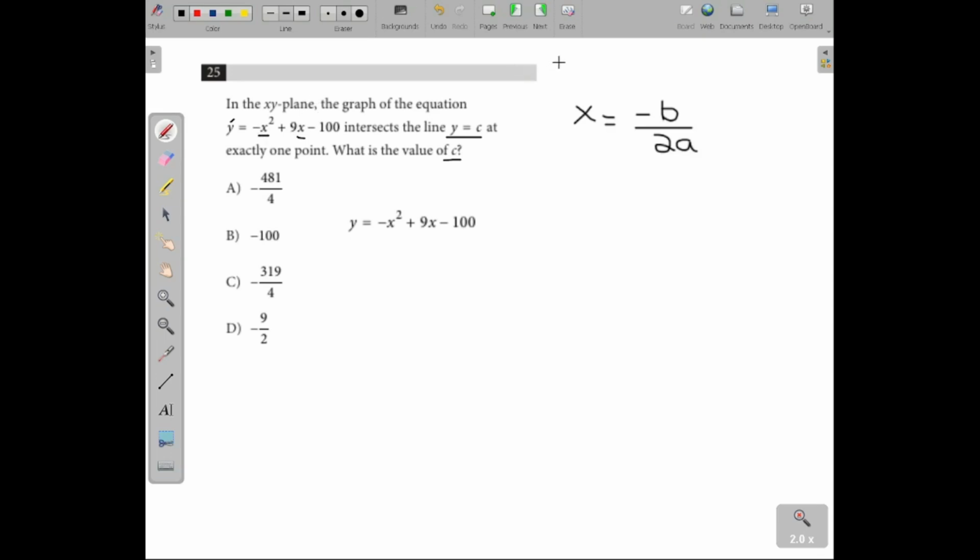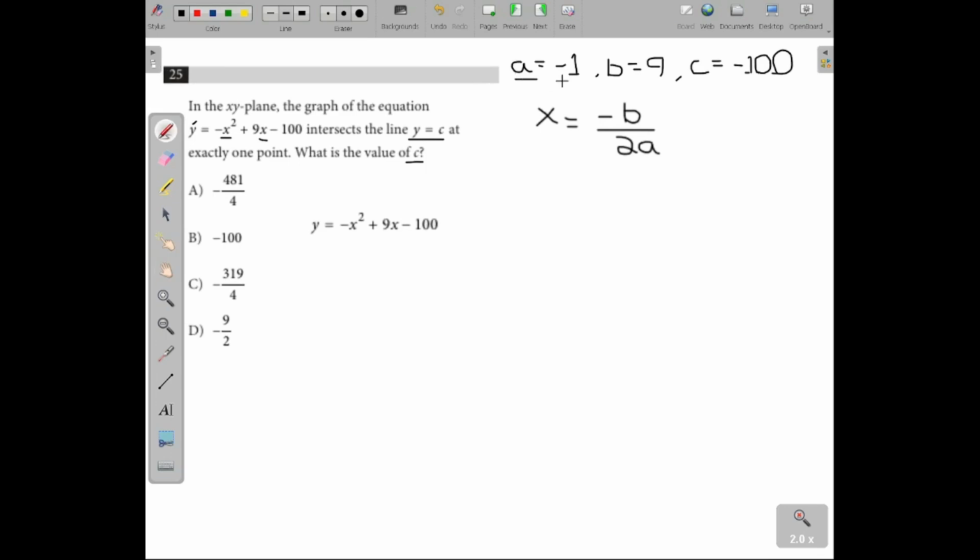For example, a is equal to negative 1, the coefficient of x squared, and b is the coefficient of x, which is 9. And now we don't need it, but the value of c is this term, negative 100. But we don't need that, just to show.